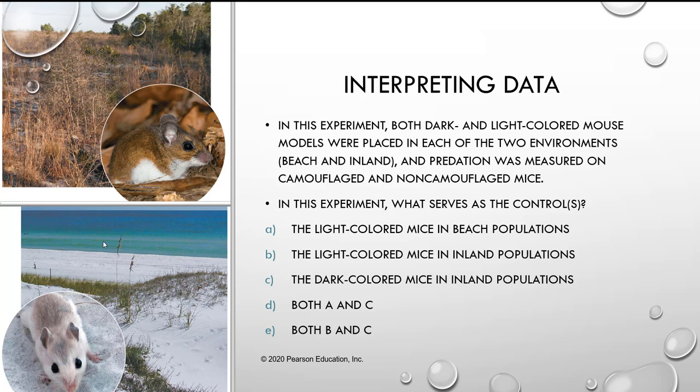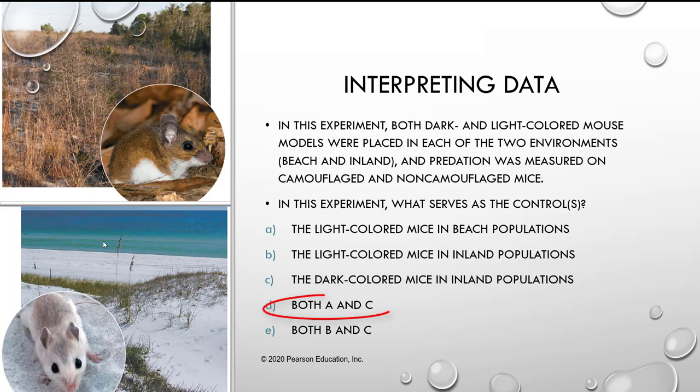Would it be the light-colored mice in beach populations, the light-colored mice in inland populations, the dark-colored mice in inland populations? Both A and C are correct, or both B and C are correct? Which one of these is considered the control group? The group we're not changing.